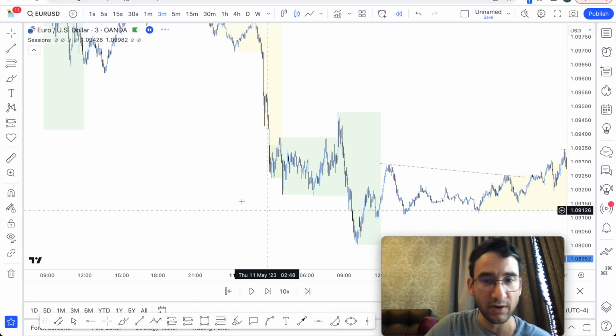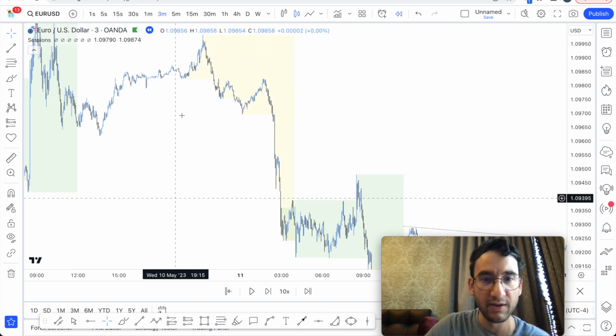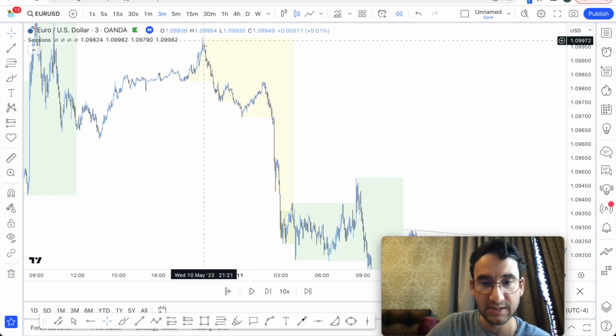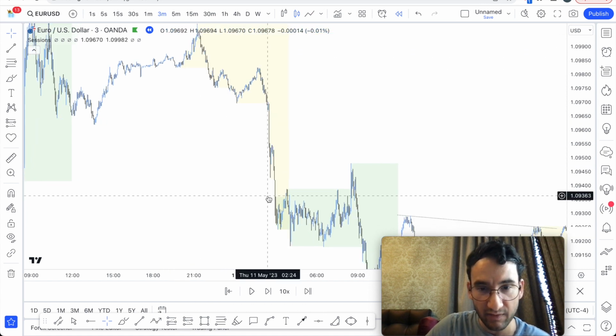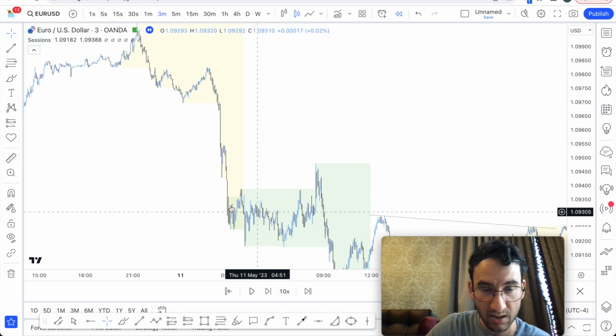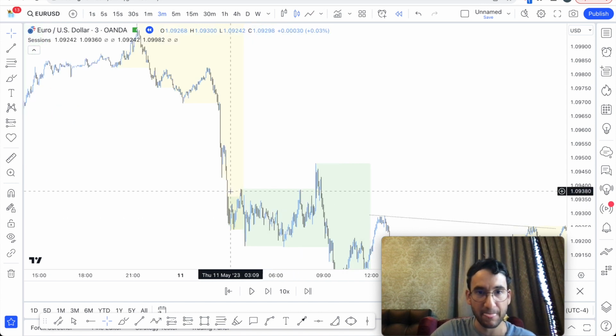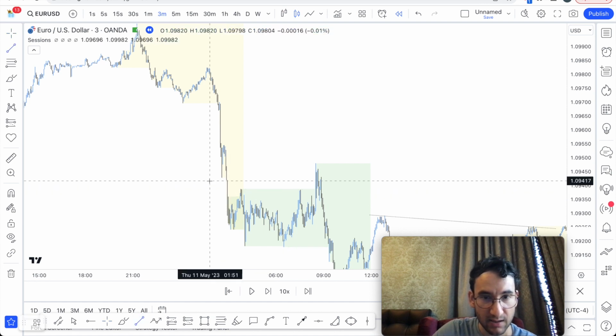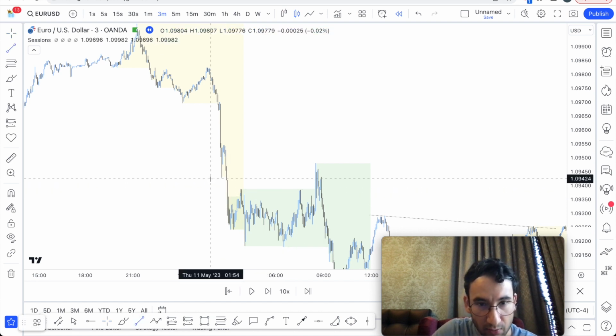Right here is a little different. You can see that we do have the Asia high right over there at that very tip. And then right over here, you can see when the green crosses with the yellow, this is where the Asia low is. The Asia low is right over there.